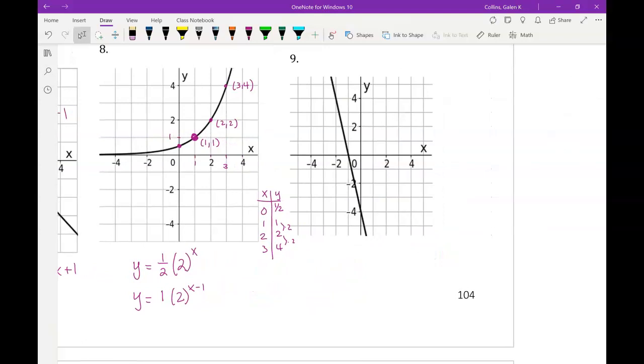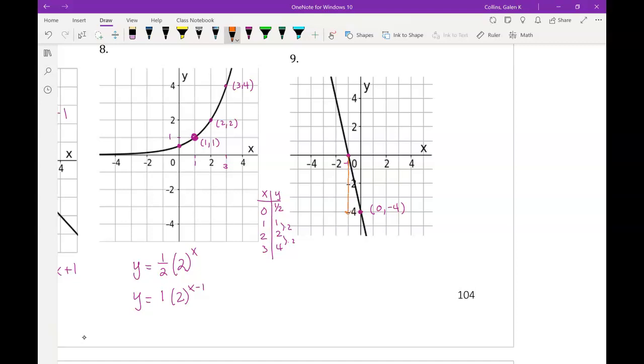All right, and then number 9, again, this is linear. I could see my y-intercept is (0, negative 4). And to figure out my slope, I'm going to use this other point here when x is negative 1. So if I do rise over run, my rise is, let's see, I'm going down 1, 2, 3, 4.